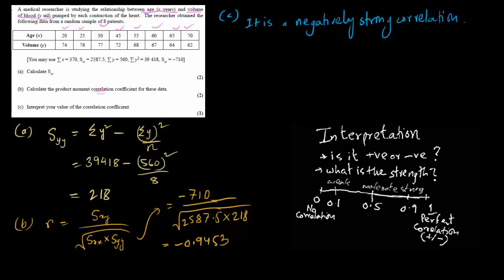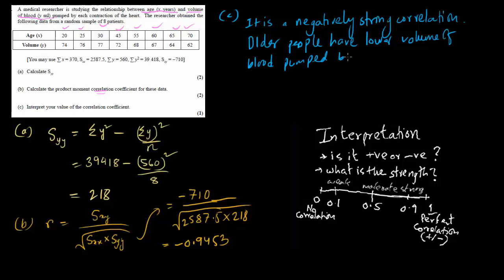So you have to mention older people will have lower volume of blood pumped by each contraction of the heart. So that's what it is.